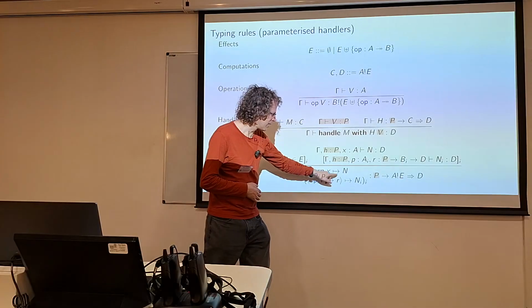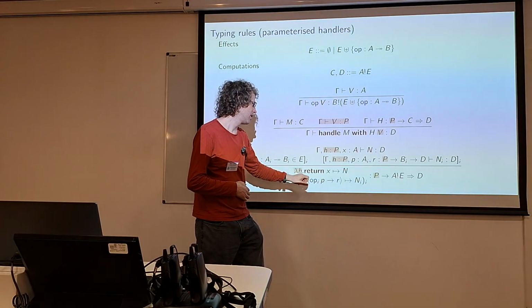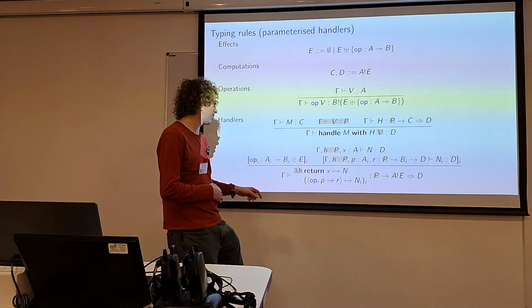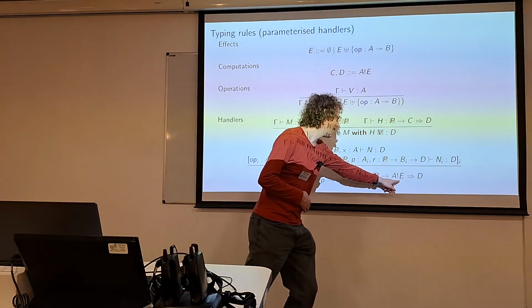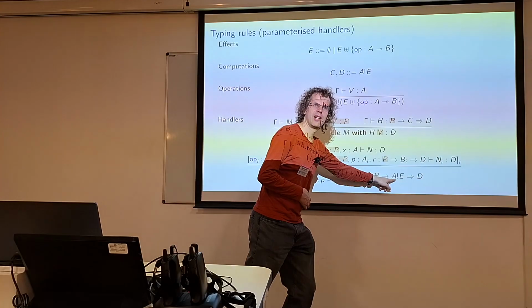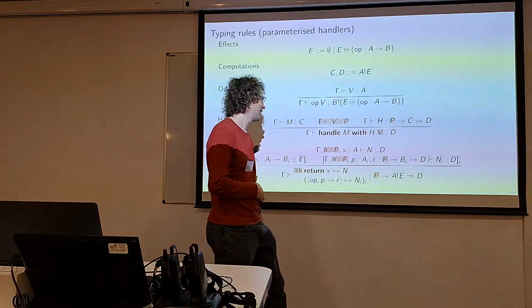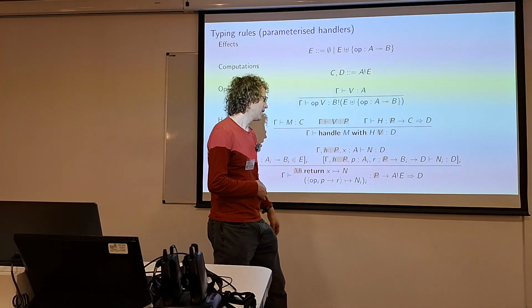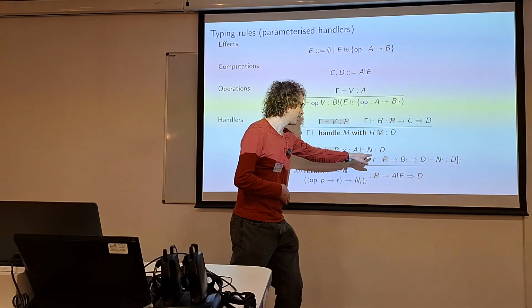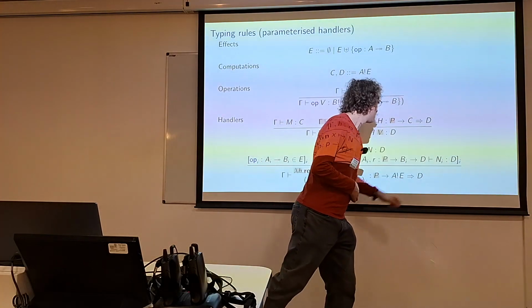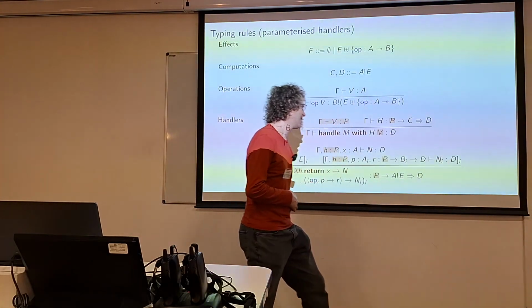You have the return clause, which binds a value x of type A. Now, what was A? A is the initial return type of your computation you're handling. And you see that all of these clauses must return a computation type D, which is the thing that comes out at the end.